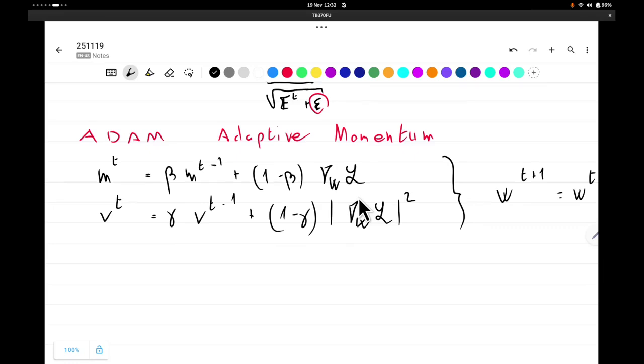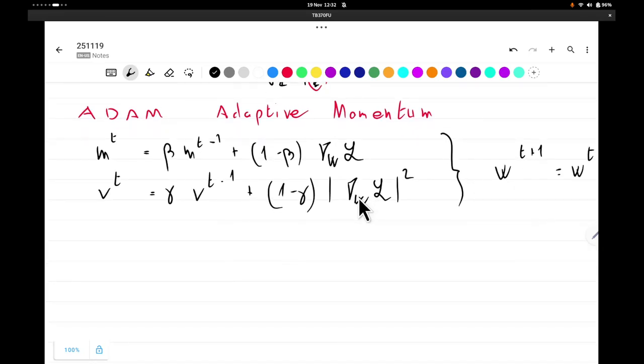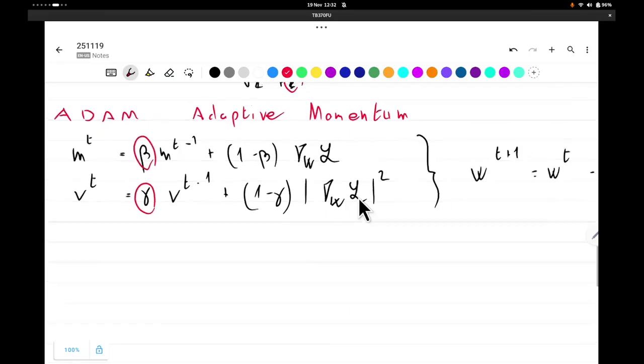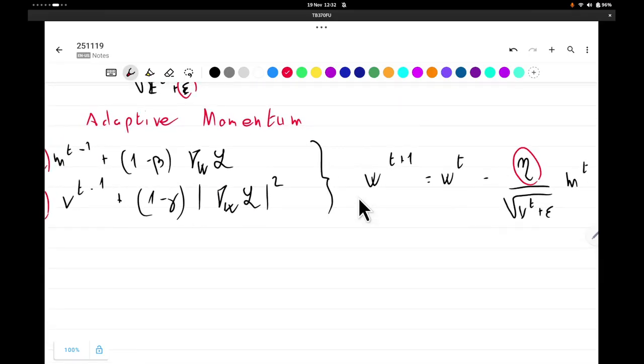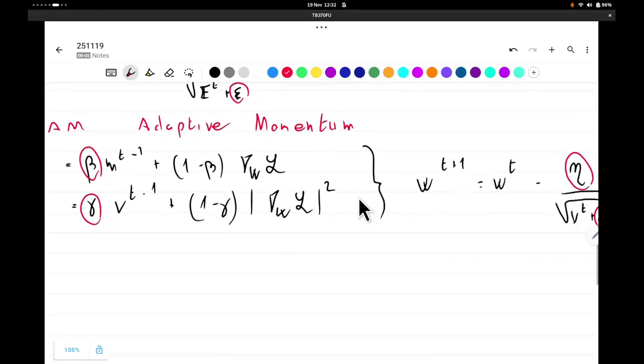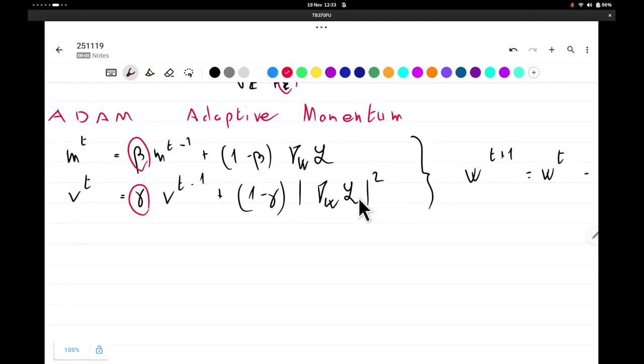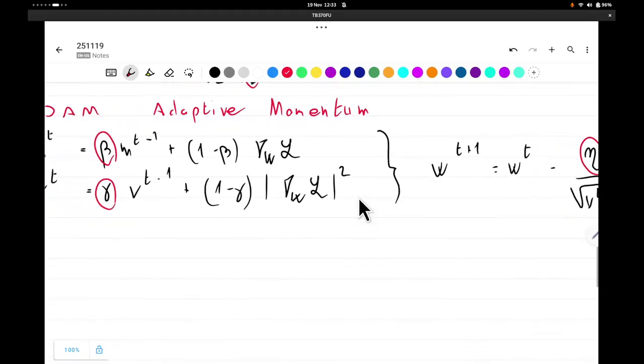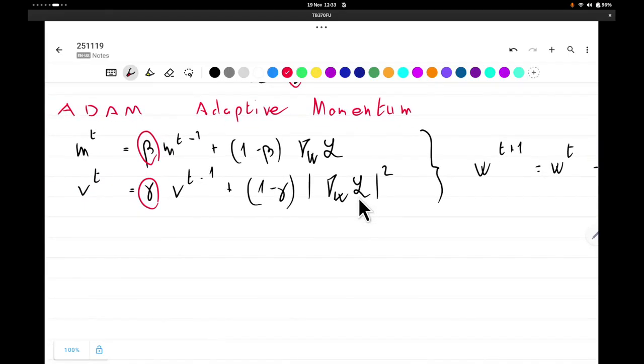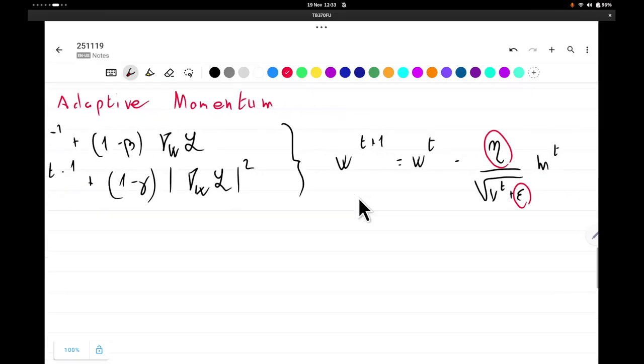So let me restate here, we have the beta, gamma parameters and the initial eta. Epsilon is not really a huge parameter to change, but certainly beta, gamma, and eta one wants to play around with. Typically beta and gamma are close to 1, and eta is small.